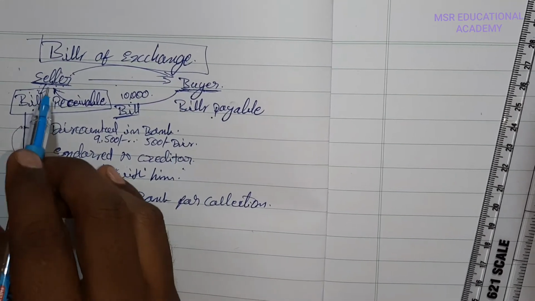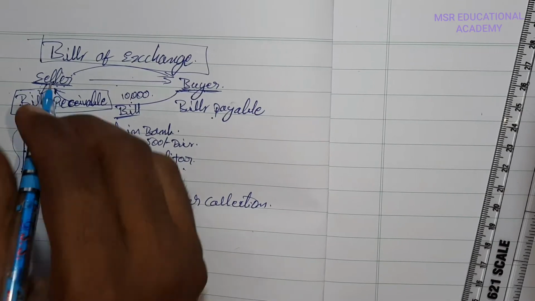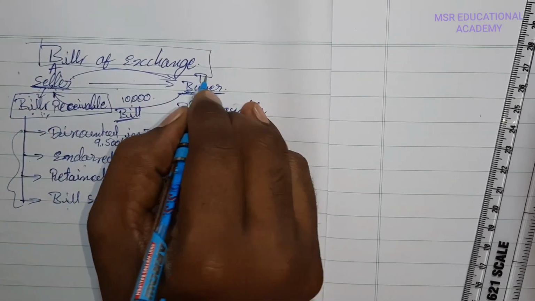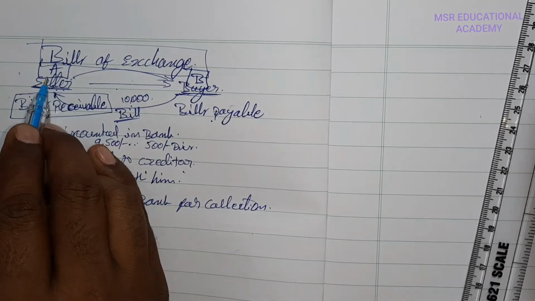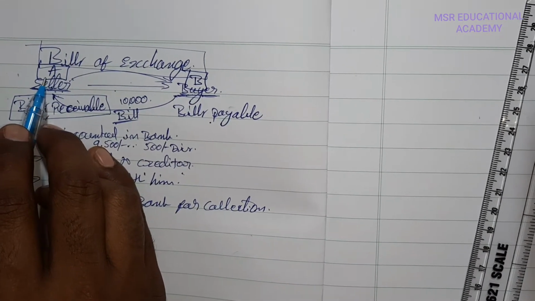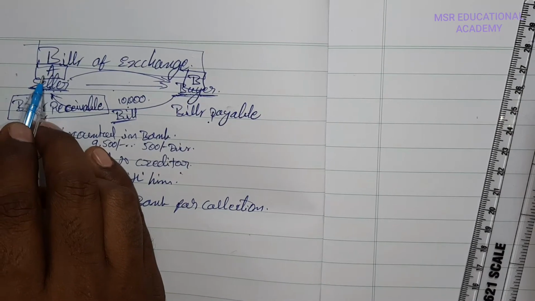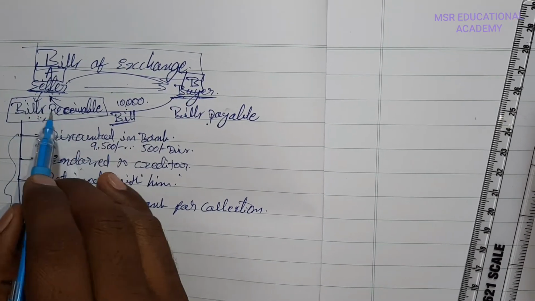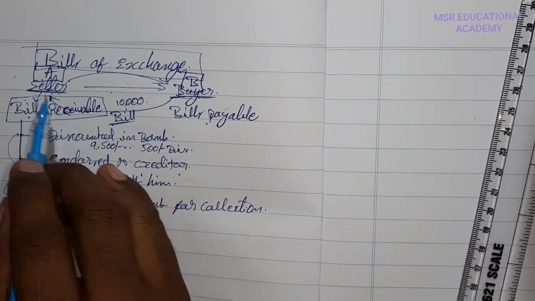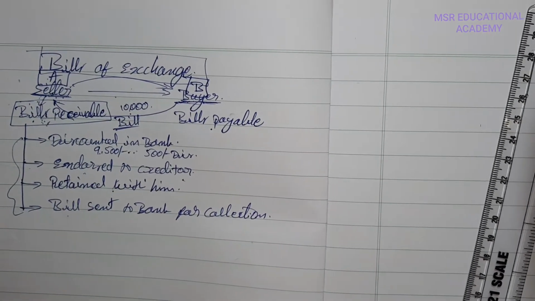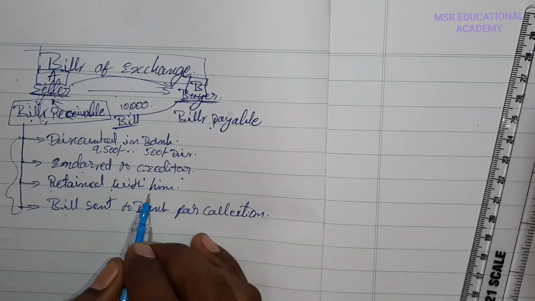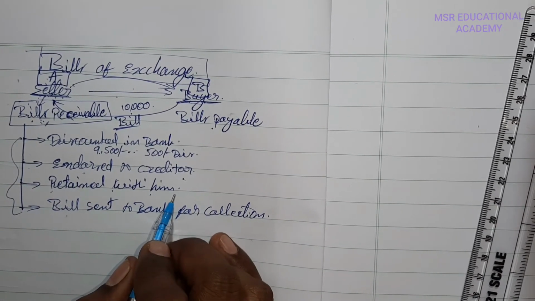For example, he is A and the other is B. This person A has some payments due. He can simply send the bills receivable that he received to his creditors.